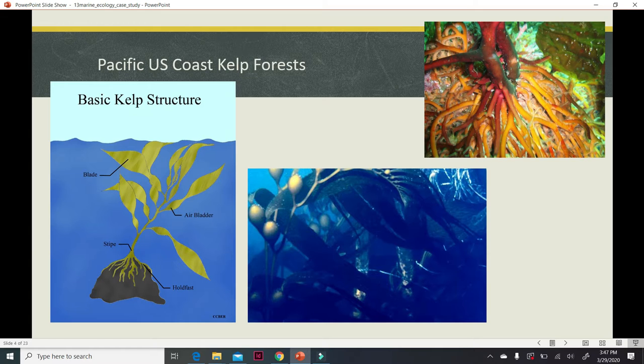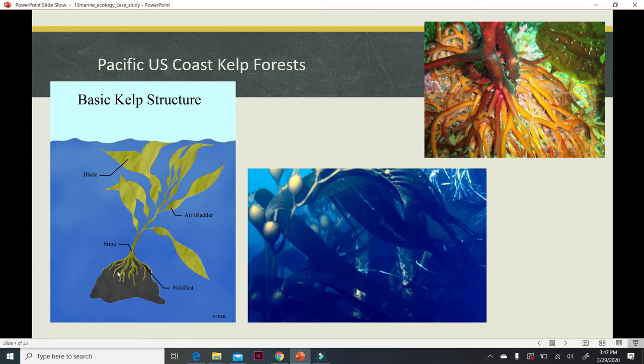Rather, they attach onto things like rocks. They need to attach onto solid substrate. So these basically will surround a rock or something solid, and they're very, very sticky. So they hold this kelp in place. They hold it fast, which is why it's called a holdfast, all right? So that's the bottom of the kelp.